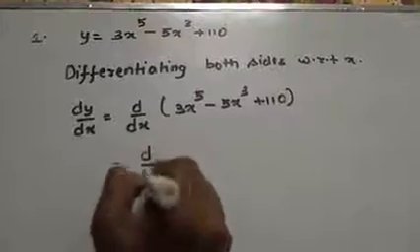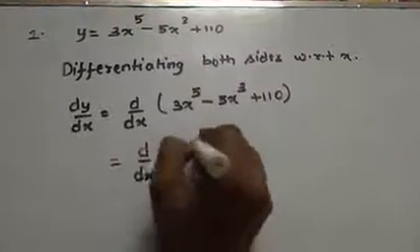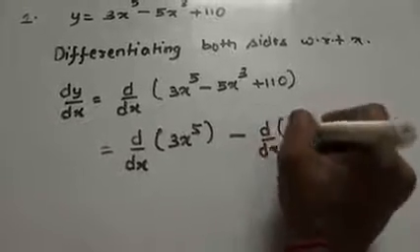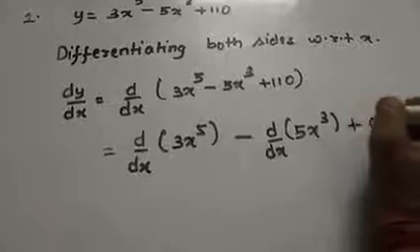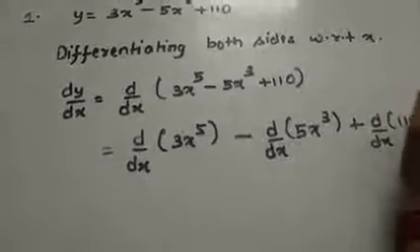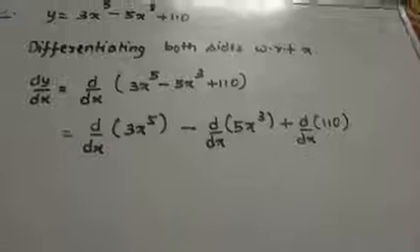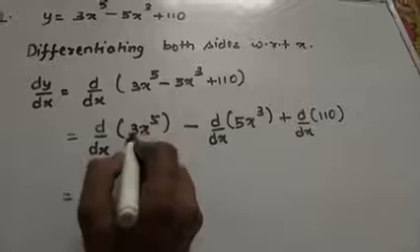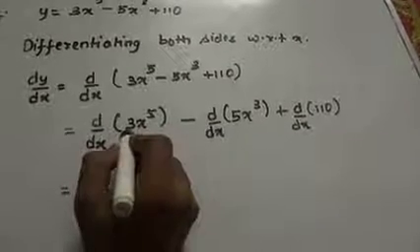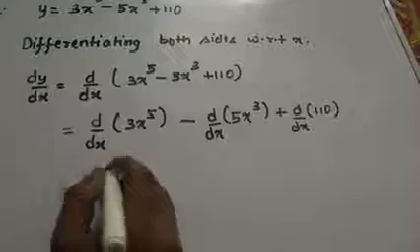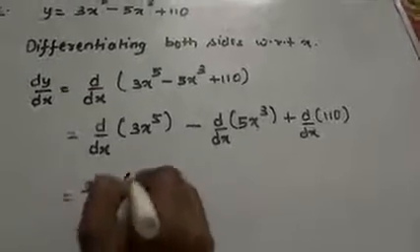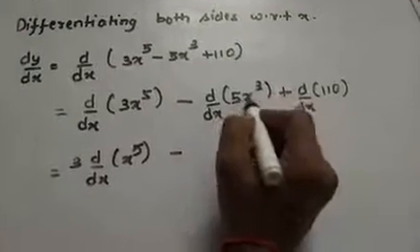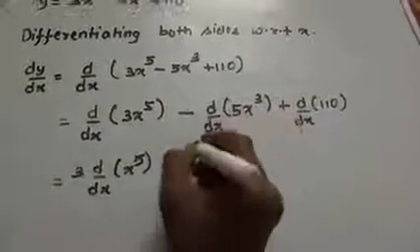That is, d dx of 3x to the power 5 minus d dx of 5x cube plus d dx of 110. Now we know that whenever a constant is there with a function, we can take that constant out of the differentiation. So 3 comes out of the d dx, minus, again, 5x cube, a constant with a function, so we will take this constant out of the derivative.